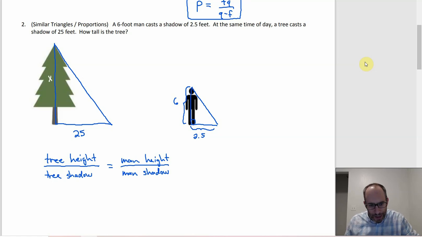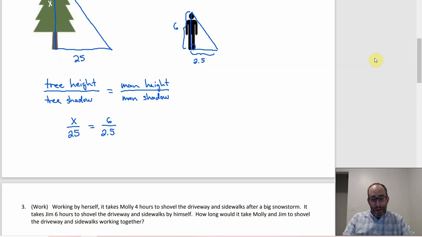But then we're going to have that x over 25 equals 6 over 2.5. And then this actually is not that bad because we don't even have a variable in the denominator, right? So if you want to get x by itself, you just multiply both sides by 25. And that's exactly what we're going to do.